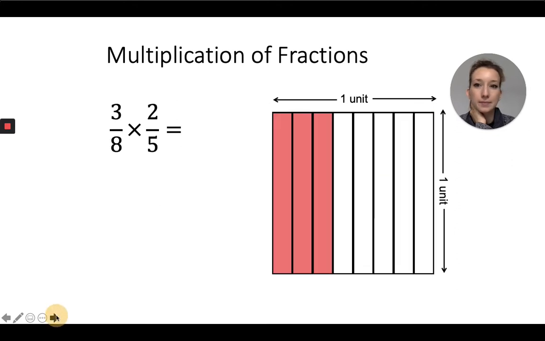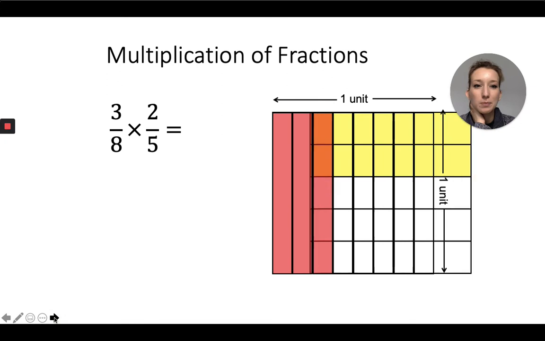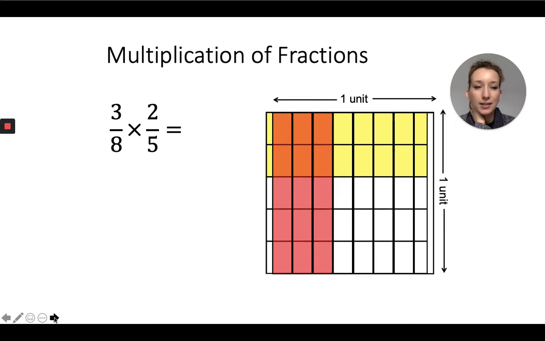Okay. So again, let's have a look at it this way. This is a really nice visual way to see why multiplication works. So you've got 3/8: 1, 2, 3, 4, 5, 6, 7, 8 columns, which are parts, and then you've shaded 3. And then you multiply it by 2/5: 1, 2, 3, 4, 5 parts, and you've shaded those 2 parts.